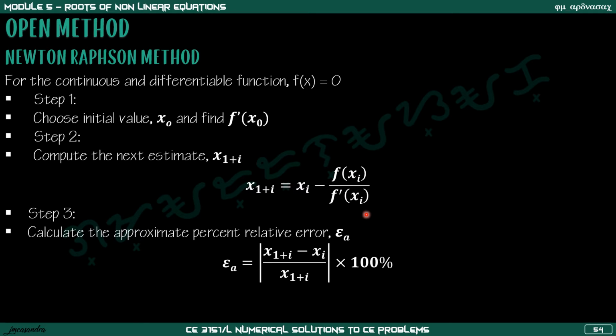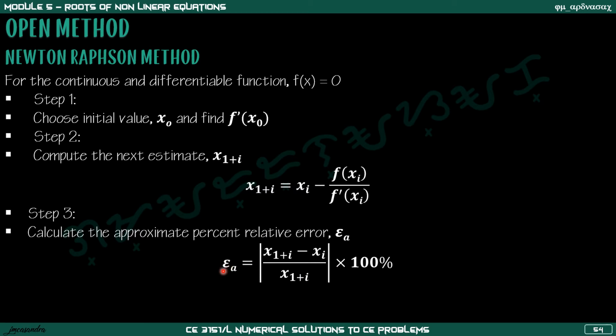Then step 3 is to calculate the approximate percent relative error, epsilon a, equal to x sub i plus 1 minus x sub i divided by x sub i plus 1. This is similar to the equation of our approximate error for the bracketing method, x new minus x old divided by x new. So it's almost the same.